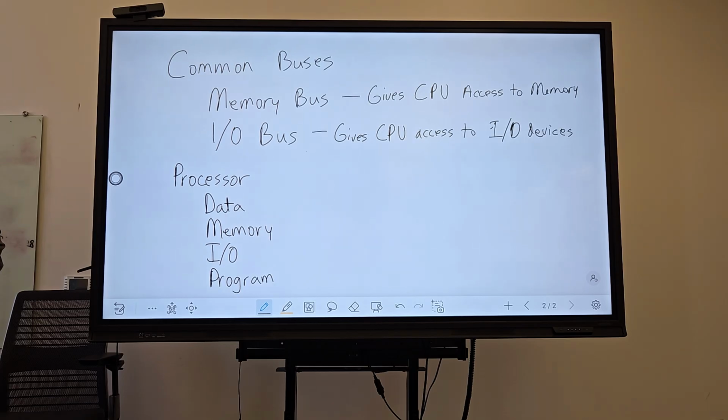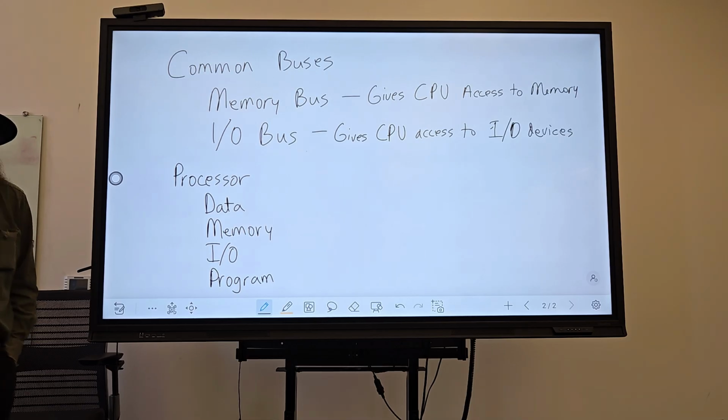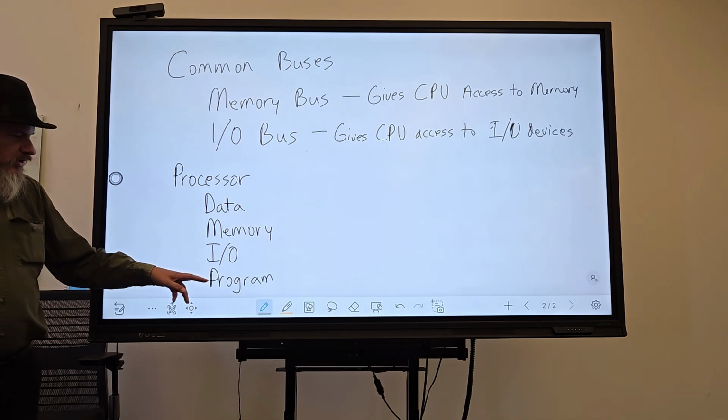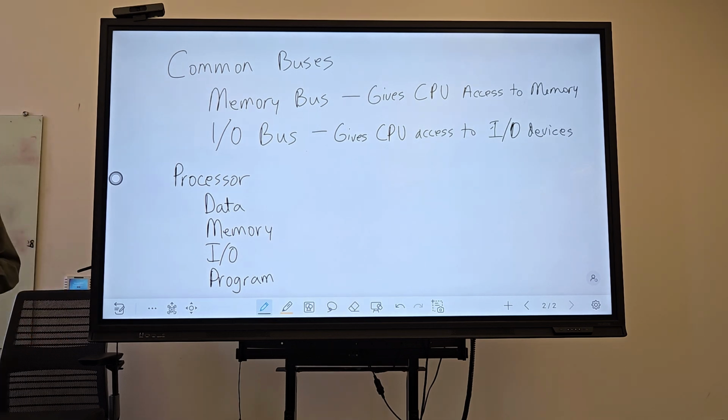The memory bus is just for accessing the RAM memory. The I/O bus is for accessing the peripherals that go in for input and output on the device. And as was discussed in a previous lecture, this processor is a Harvard architecture processor, so it has a separate memory map for the program instructions. So it has a separate bus for the program memory into the CPU.